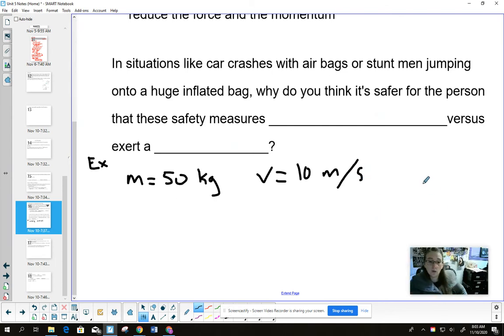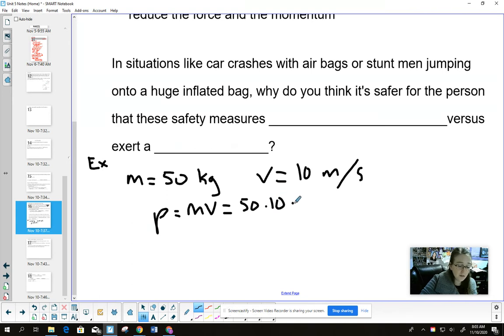That's the speed that you are going right when you come into contact with something that is going to change your momentum, an external force, right? So to start with, what is the momentum we have here? There's the mass, there's the speed. Momentum is once again mass times velocity. So 50 times 10. So your momentum is 500.